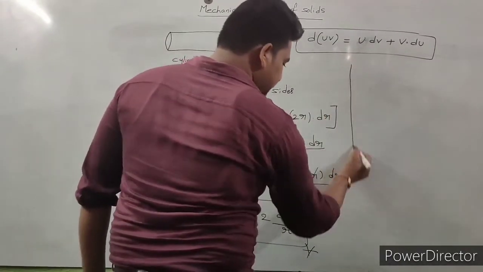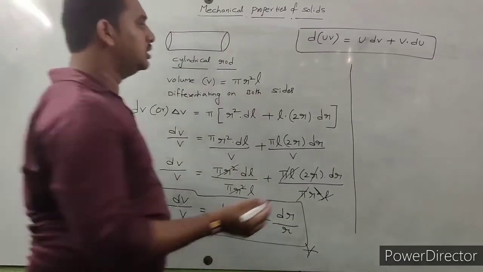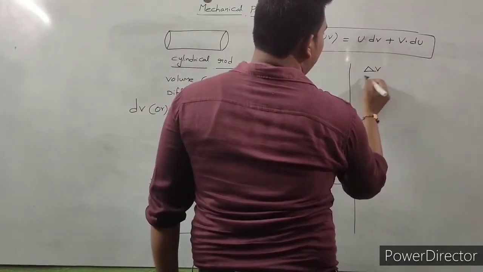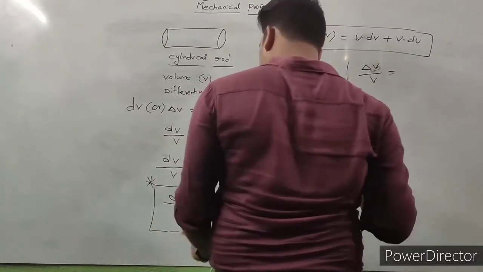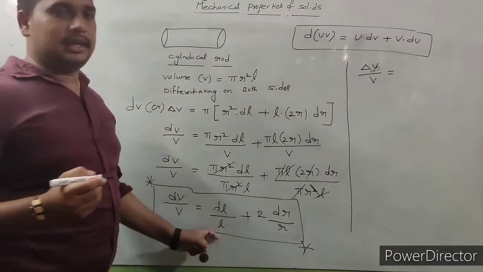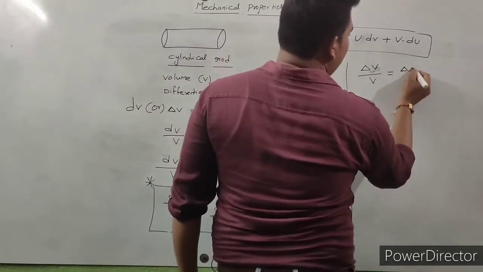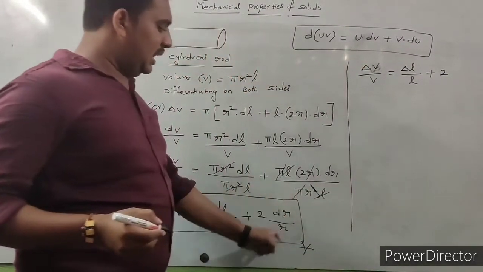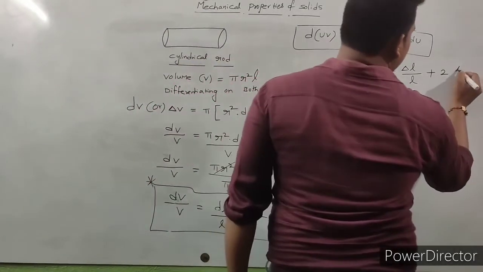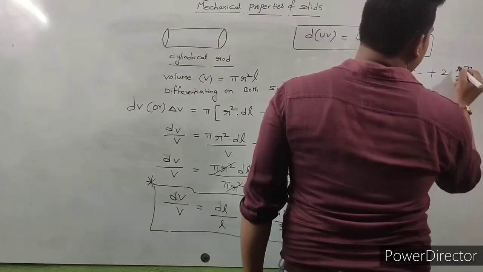So observe carefully here. dv by v is also written as delta v by v, which is equal to dl by L, written as delta L by L, plus 2 into dr by r, written as delta r by r.